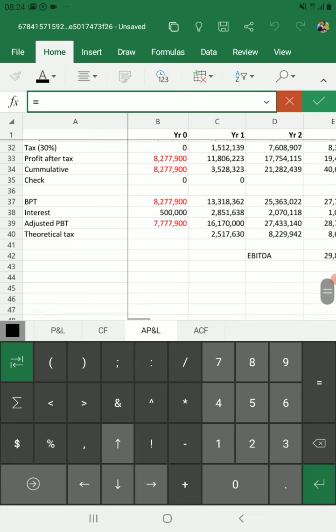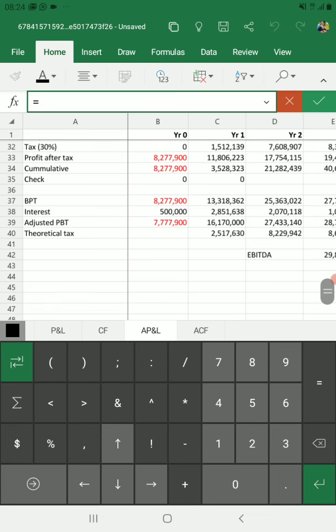So our EBIT in our case is this profit before tax. We added back the interest component here, and we get this adjusted figure. This is EBIT. It is the figure established by taking profit before tax and then adding back interest.